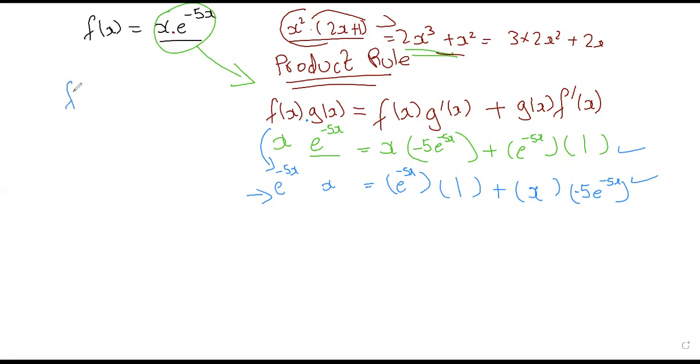Take f of x as x, and g of x is e to the minus 5x. Simply find f dash x, that would be 1. Simply find g dash x, which would be minus 5 e to the minus 5x, and plug in the values. Okay, and your answer would be correct.